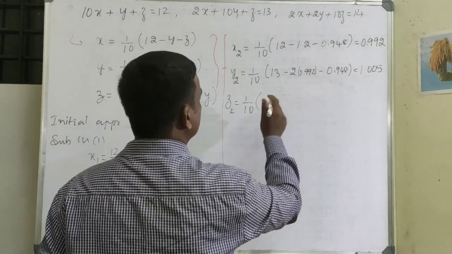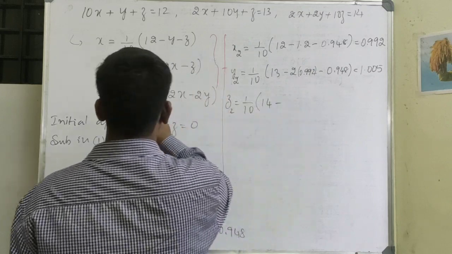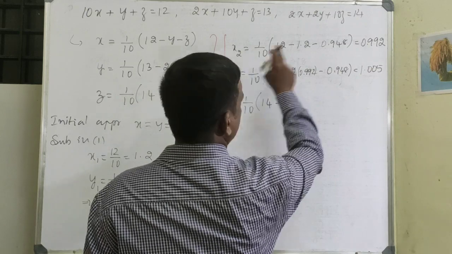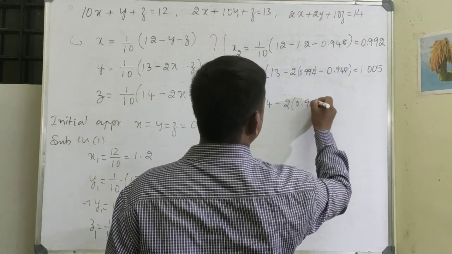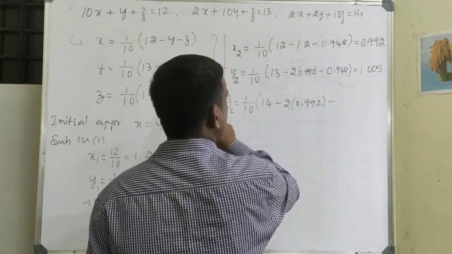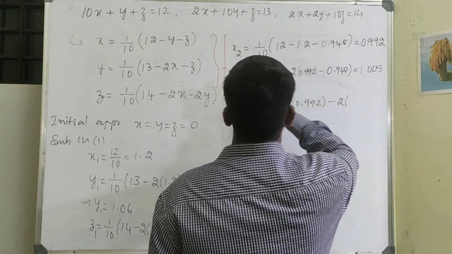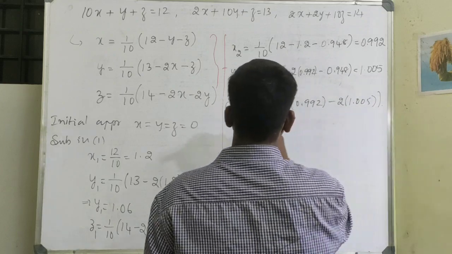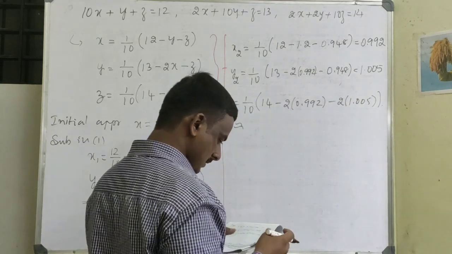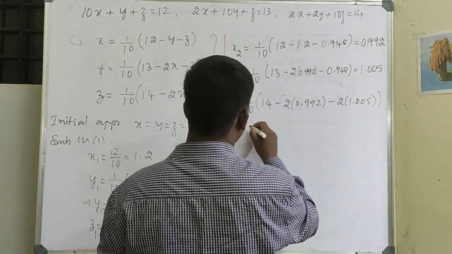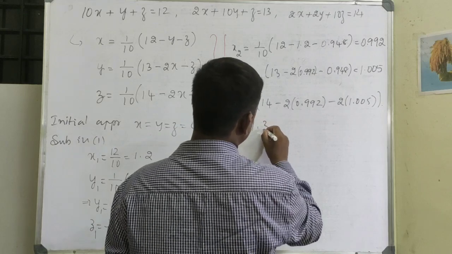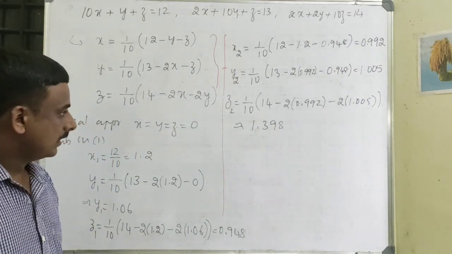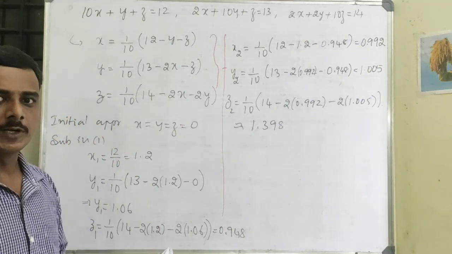So z2 equal to 14 minus 2 into x2, so 2 into 0.992, minus 2 into y2 value 1.005. So this will be approximately 1.398. So now this will be the second approximation.